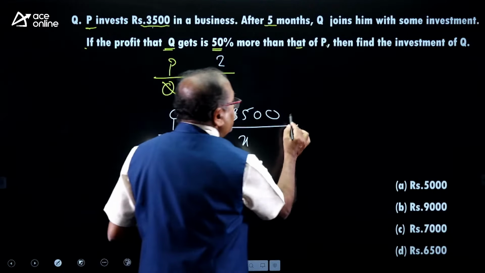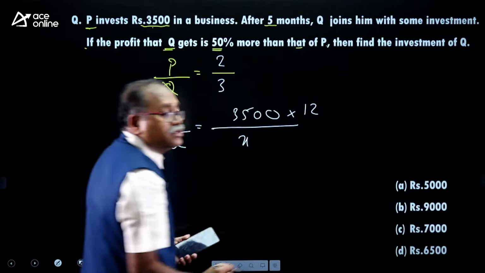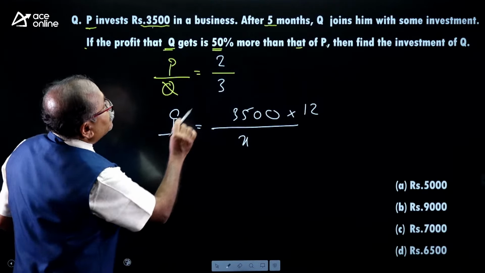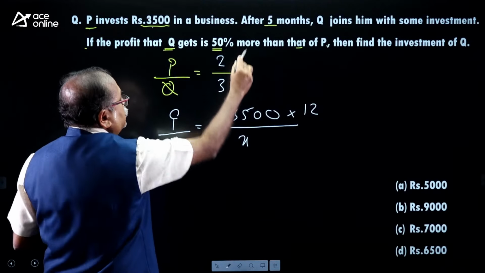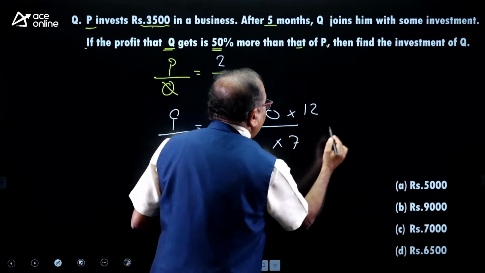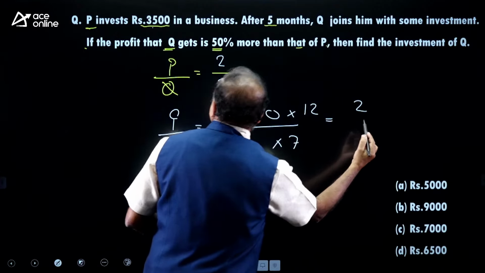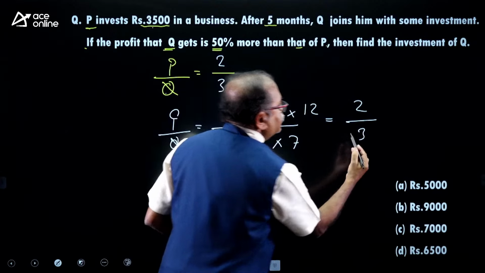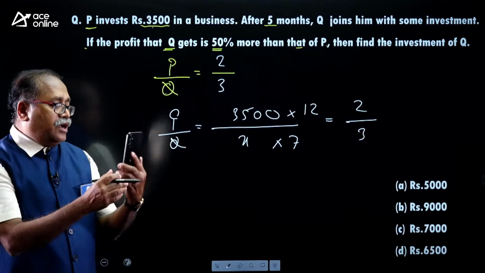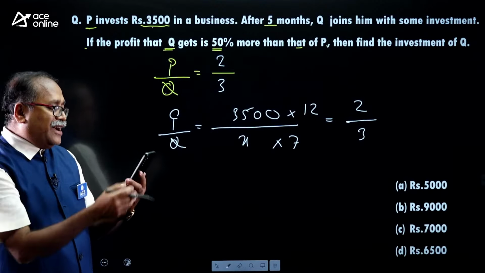He worked out for the entire year, 12 months. Whereas the Q joined after 5 months. That means he was there for 7 months. And the ratio of the profit, P is 2 parts, Q is 3 parts. That's all, my dear friends. And I hope I am getting the answer.